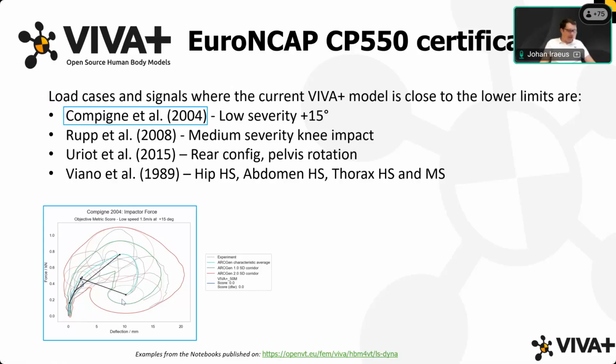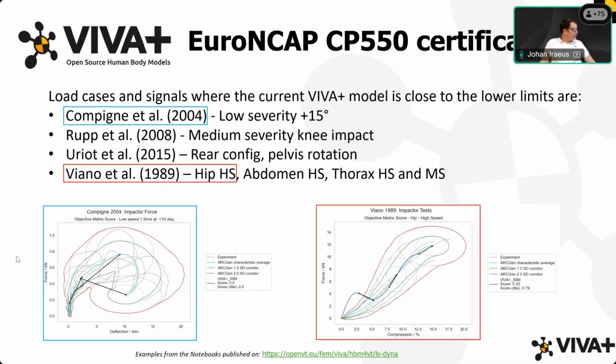So this is something that is expected. The Ruple is a similar issue. Also for the knees, we have things that are too rigid at the moment that need to be improved.